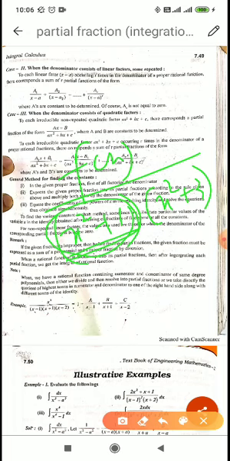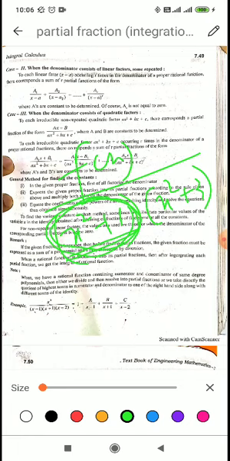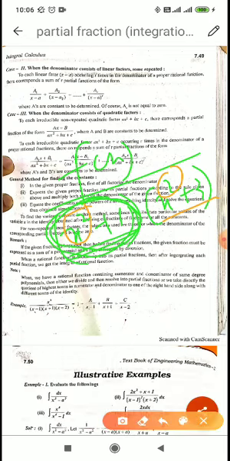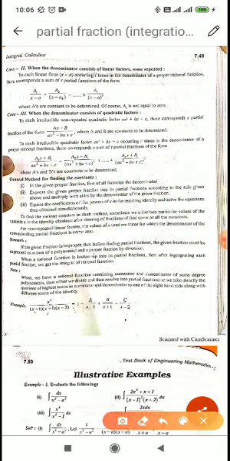Linear factor means, this is a quadratic equation, because here x square plus 1 is given, here x square plus 3 is given. This quadratic equation we cannot make into linear factors. So in that way, if 1 by x square plus 1 is given, then we can assume a x plus b.